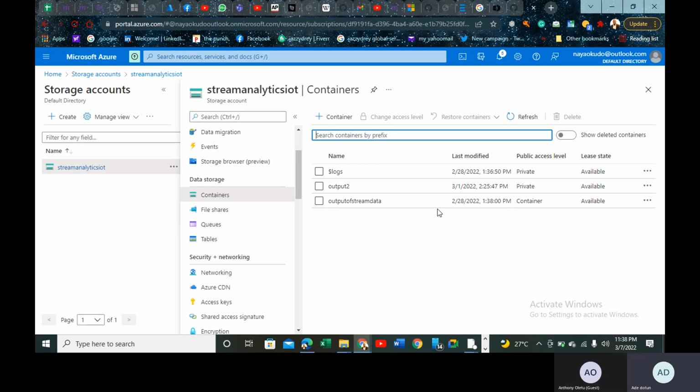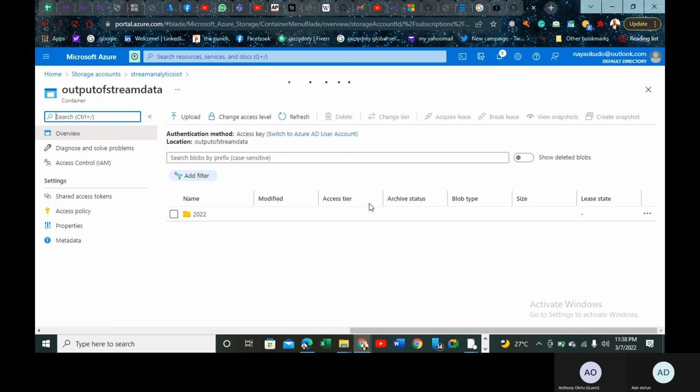Because it helps you to do what we call... don't worry, when the time comes, you will do it. I just want you to know that this is an output of stream data. Because it was automatically generated, you just pick the year, the date, and all of that.